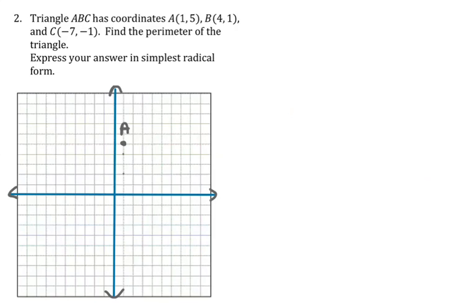That would be A. And B is 4, 1. So 2, 4, 1. That will be B. And C is negative 7, negative 1. 2, 4, 6, 7. So that will be C. Now, our triangle would have been something like this.